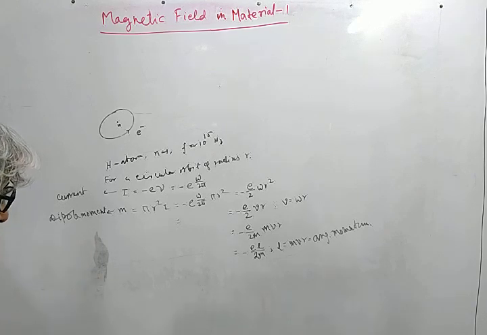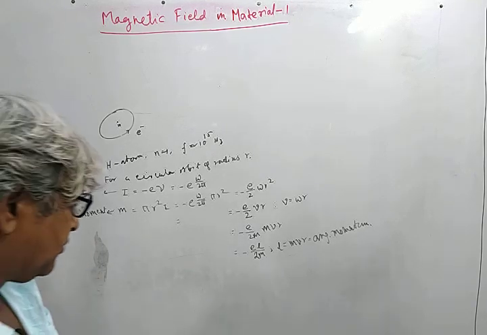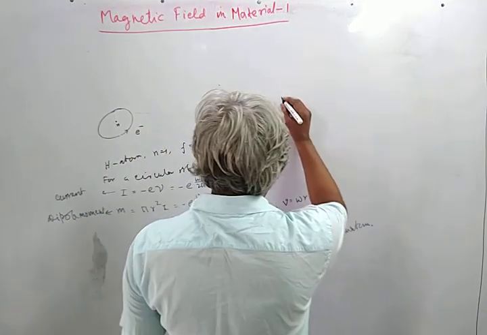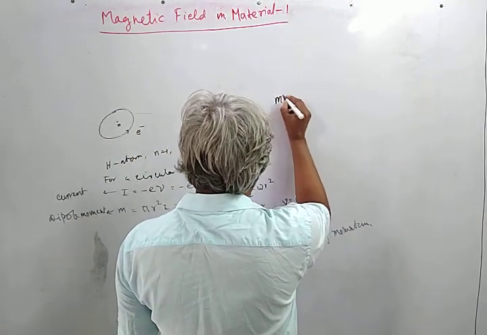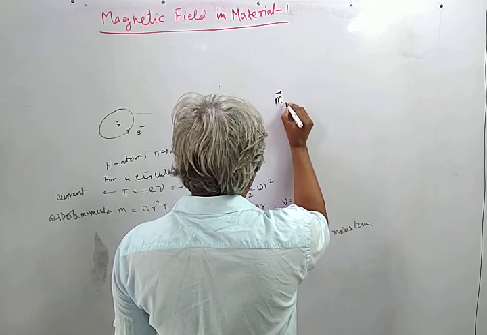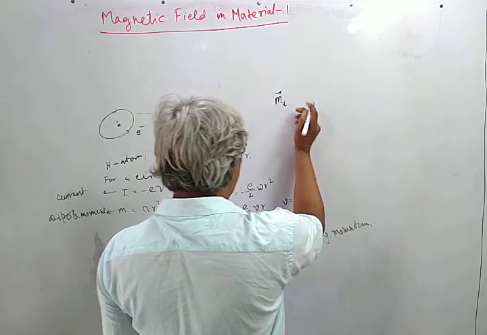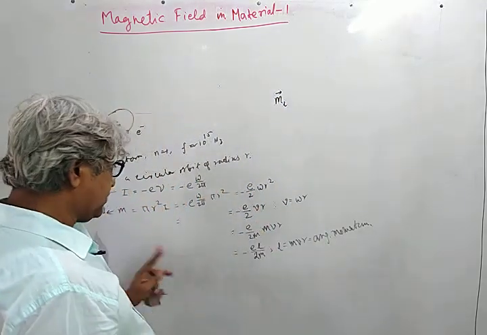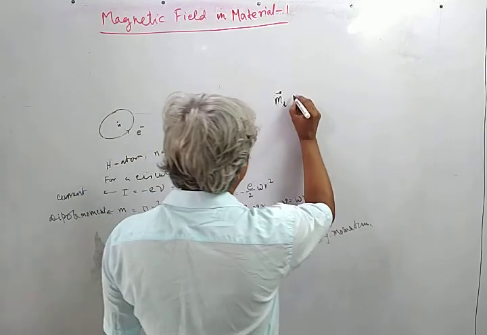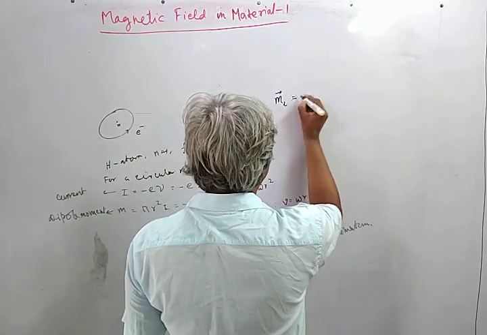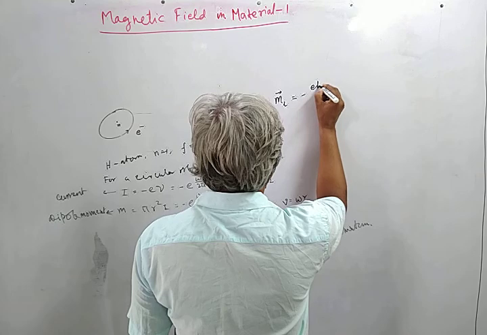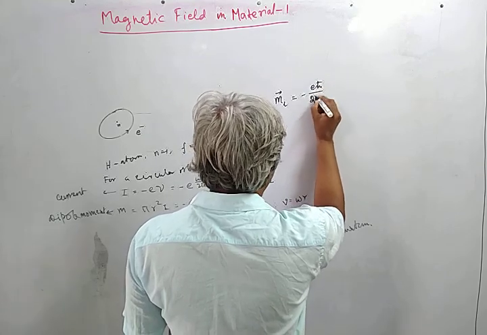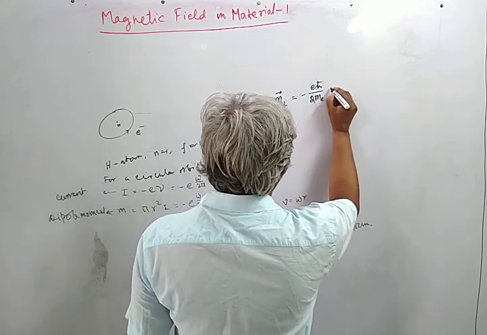In quantum theory, it is found that this simple classical idea does not hold. Rather, the angular momentum associated with the orbital motion is quantized, and it is given by eħ by 2m.